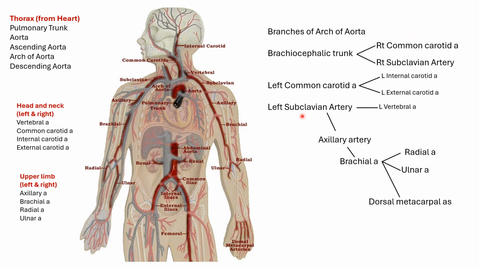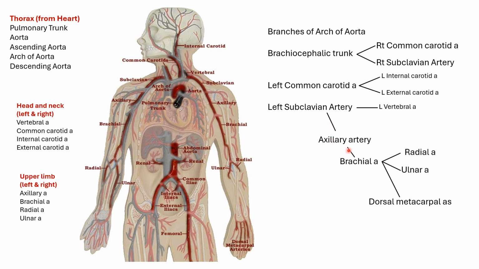So the left subclavian artery continues as the left axillary artery. When the subclavian artery reaches near the axilla, the armpit, it is known as the axillary artery. This is the left axillary artery. This is the right axillary artery. Both are continuations of the subclavian artery.